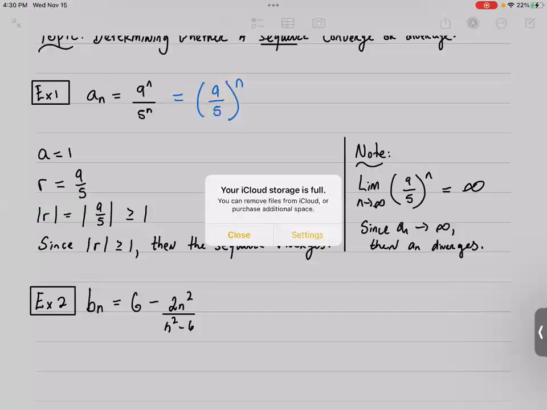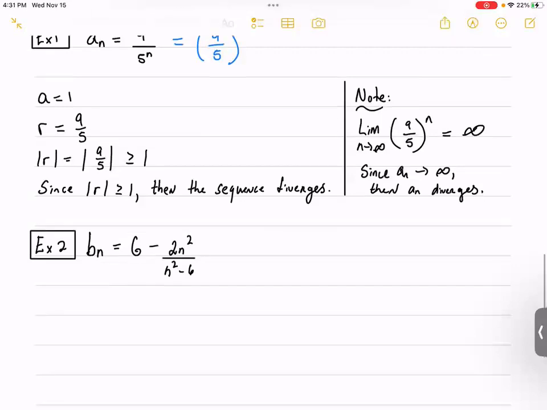So if I compute the limit as n approaches infinity of b_n, if this limit approaches infinity or negative infinity, or has some sort of alternating behavior, then it will diverge, right? But if it approaches a single real number, then we can say that it converges to whatever we get.